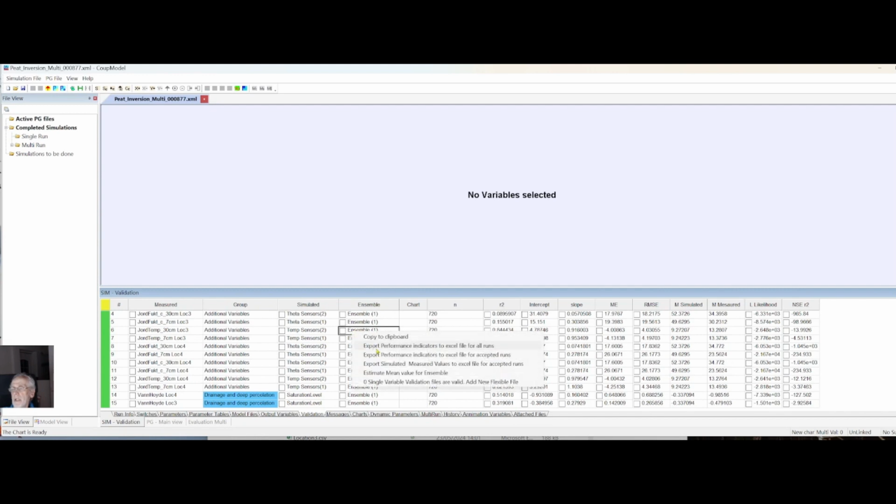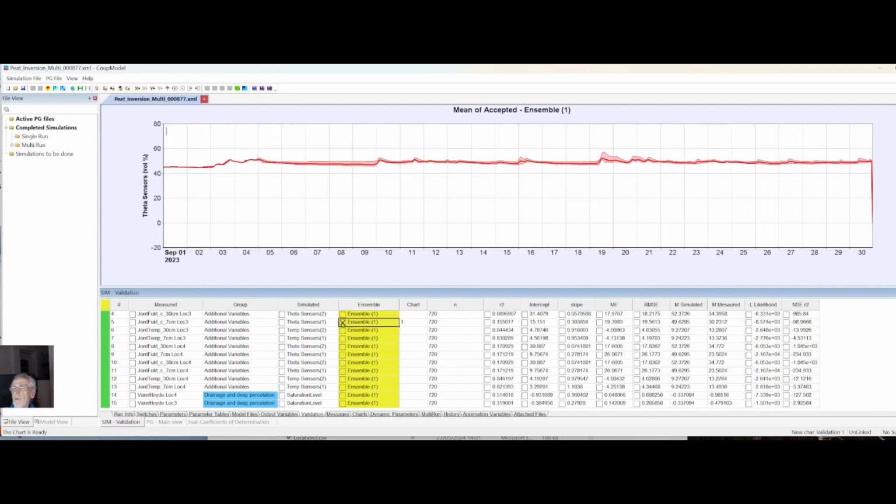If I right click here, I can estimate a mean value for the ensemble of the time series. And if we click one of those, for instance here, the soil moisture, then we will see a type of band, not a single run, but instead the variability that is caused by those parameters that we have used in the multi-run.